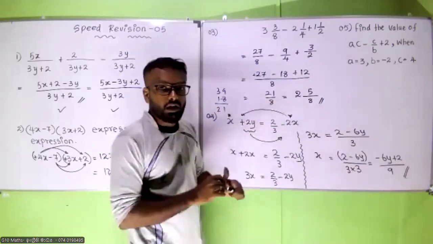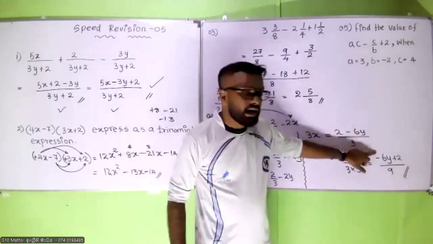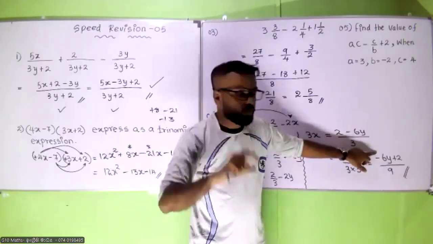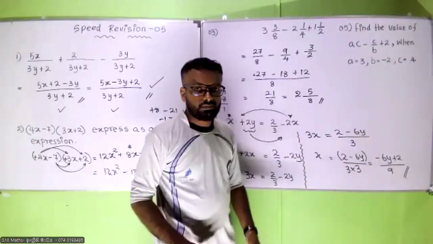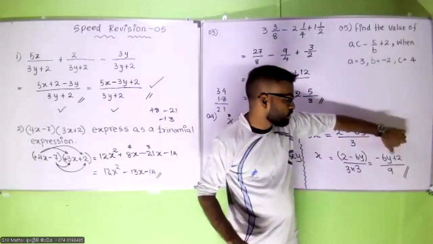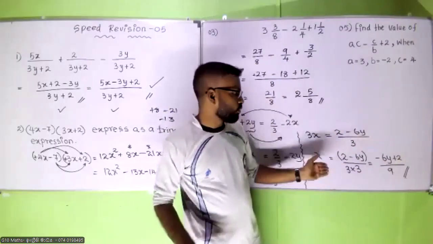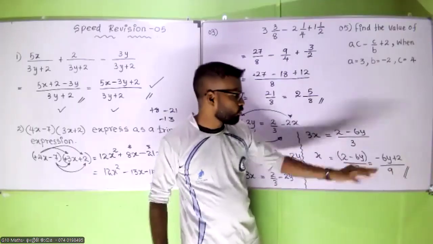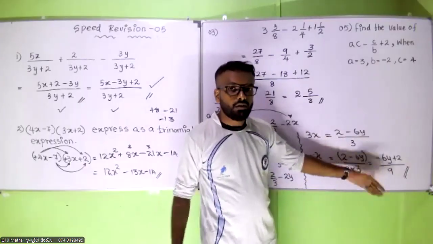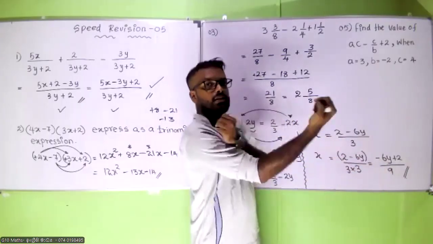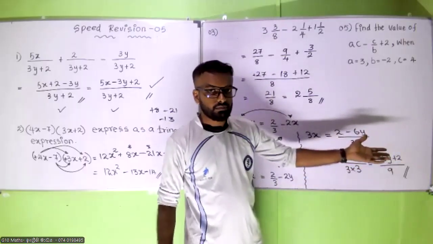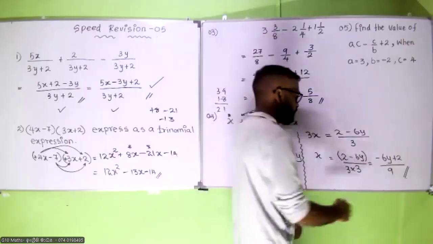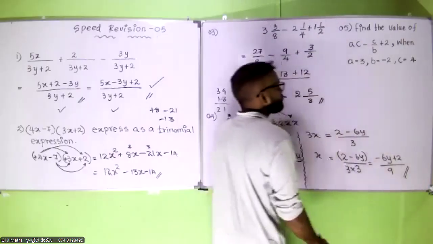Right? This is the standard way that you can keep the answer. This is also correct. Right? If you change these two terms, that's also correct. 2 minus 6y divided by 9. Or else, exchange the terms, minus 6y plus 2. Right? That's correct. So this one is also okay.